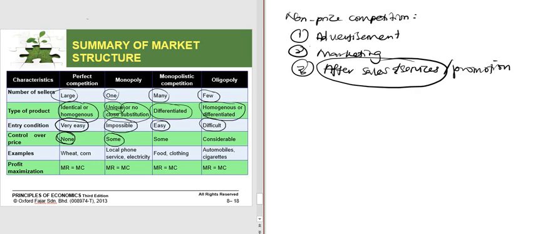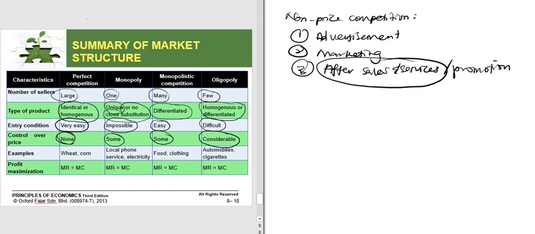For monopolistic competition, you have some control over the price depending on how different your product is as compared to the other sellers. If you are producing a product with better quality, then you can set a higher price for your product.